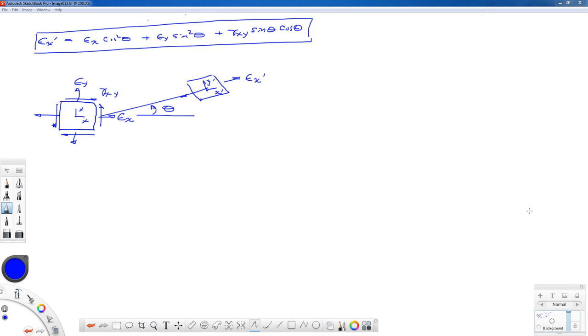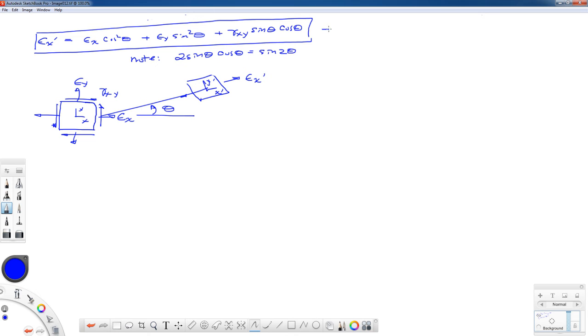So I have this equation, epsilon x prime is equal to epsilon x cosine squared theta plus epsilon y sine squared theta plus gamma xy sine theta cosine theta. And there's a trig substitution that I'm going to recall here, that 2 sine theta cosine theta is equal to the sine of 2 theta.